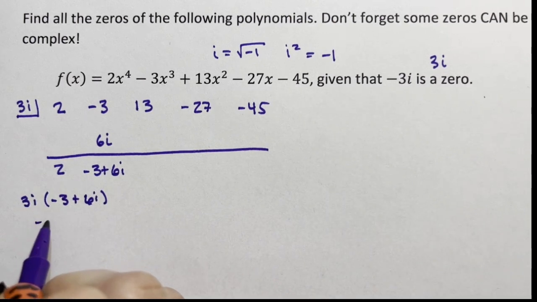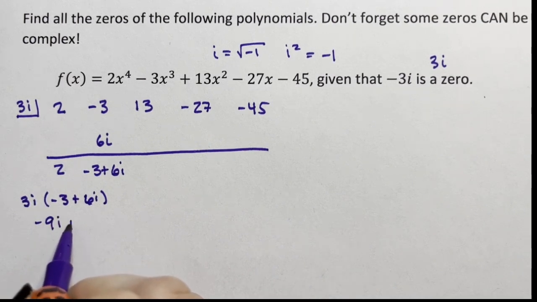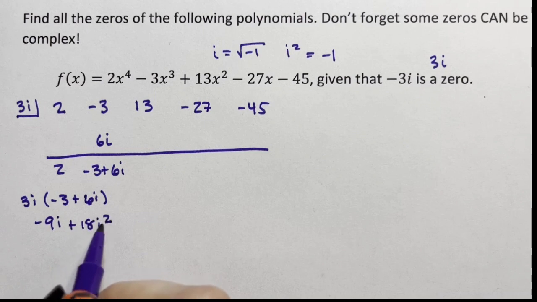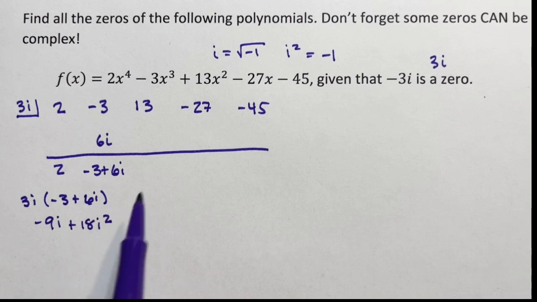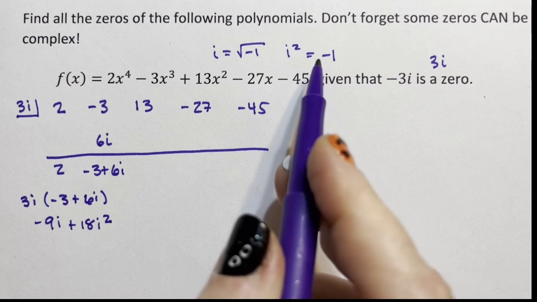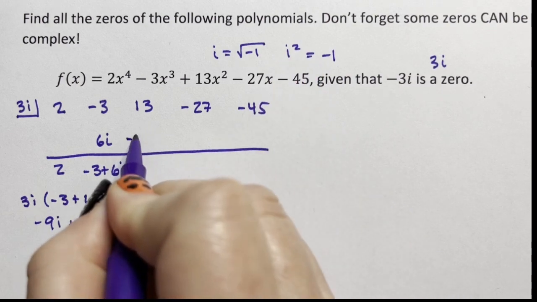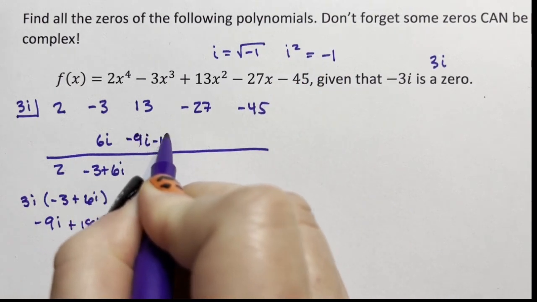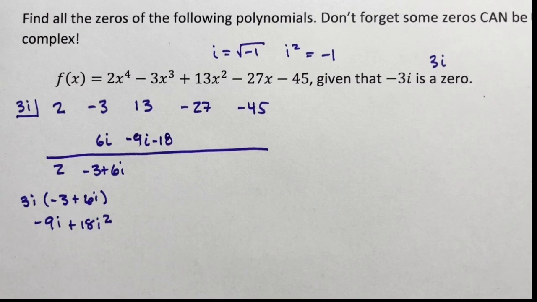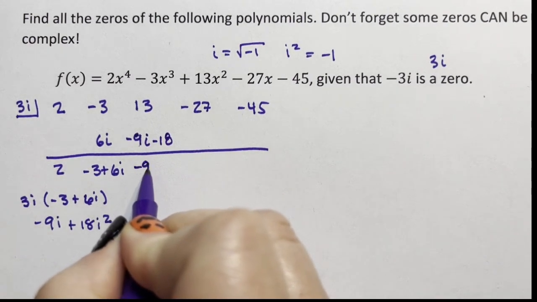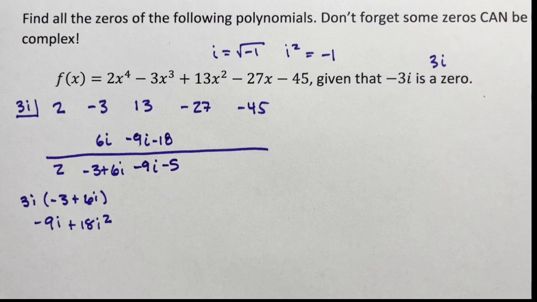-9i plus 18i squared. Now, I want to remind you once again that i squared is -1, so this is really going to be -9i minus 18. When I add down, I'm going to have -9i minus 5.